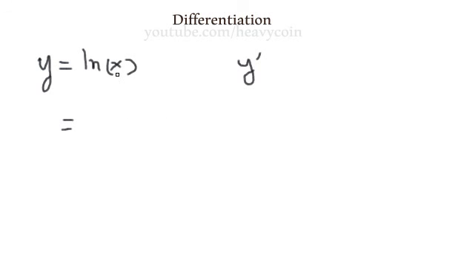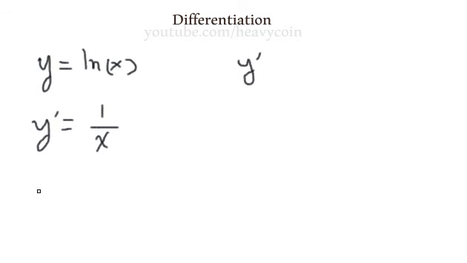So what you're going to do is take the derivative of what's in parentheses. So we're going to take the derivative of x, and the derivative of x is 1. And then you just rewrite what's in parentheses. And it's that simple. Right, so pretty simple stuff.